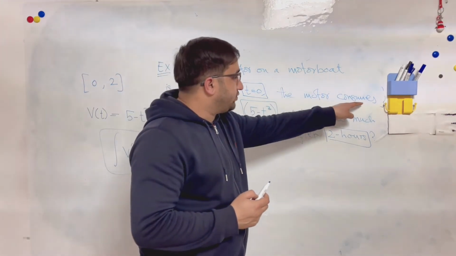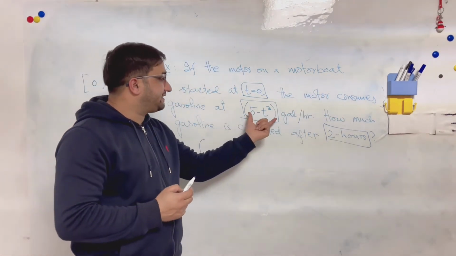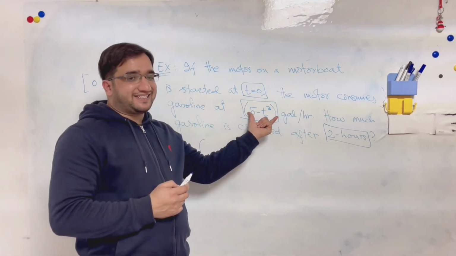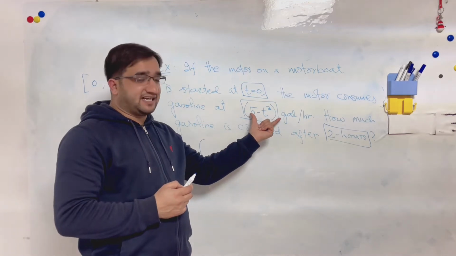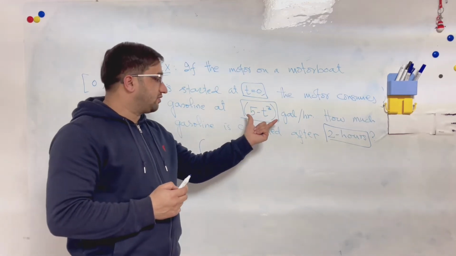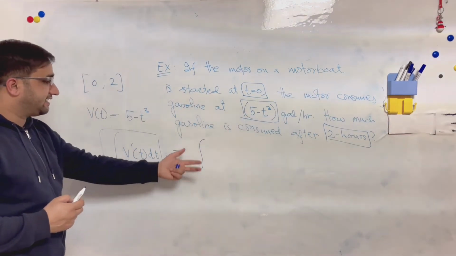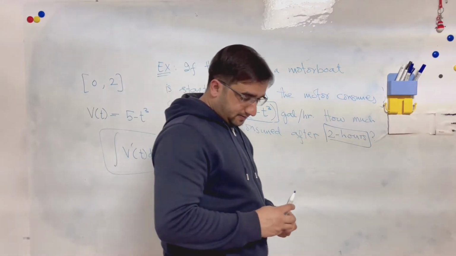The motor consumes gasoline at the rate of this. It means the volume is changing at this rate. It means V dash is this. So you have the expression. Now put this expression, apply the limits, and give me the answer.